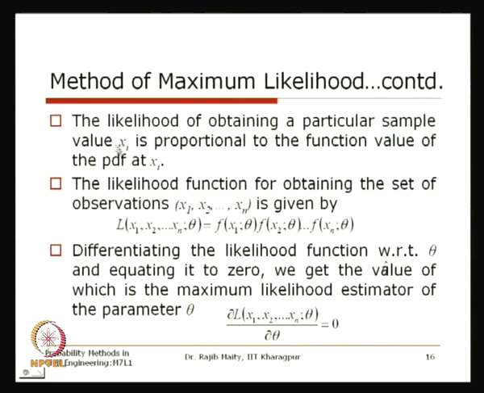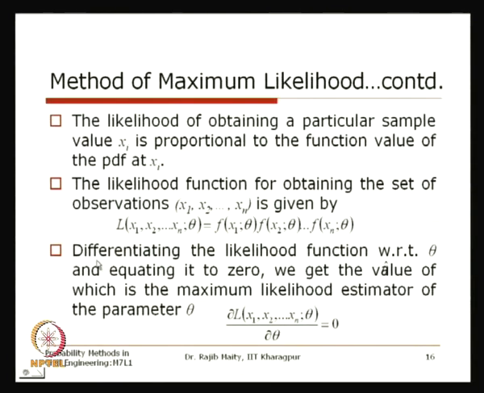So the likelihood function for obtaining the set of observations x1, x2, xn is given by the values of the distribution at each point, that is, the value of that function at x1, at x2, at x3 and so on, and their multiplication.